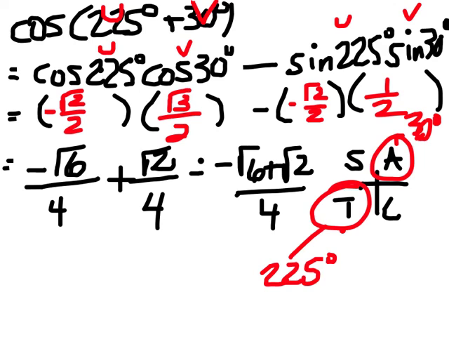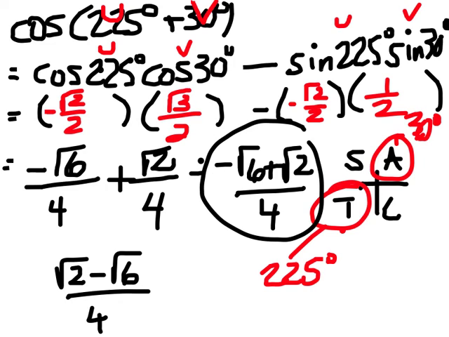So we could put it together in one fraction: negative square root of 6 plus square root of 2 over 4. If you were to check the back of the book and they had this, is that the same thing? It actually is, because doesn't the commutative property say, if we just look at the top, that I can switch the order I add things in, right? I can switch them as long as I keep the same sign on them.